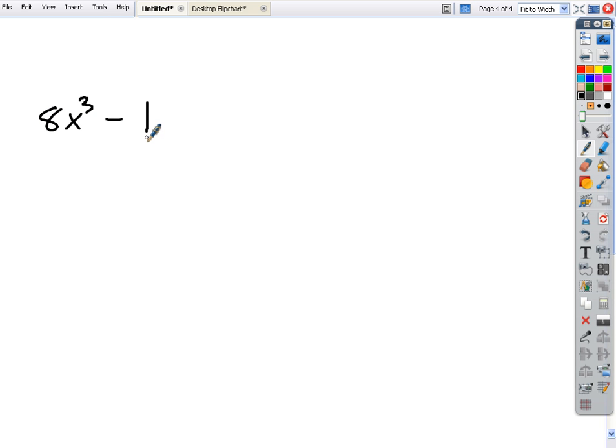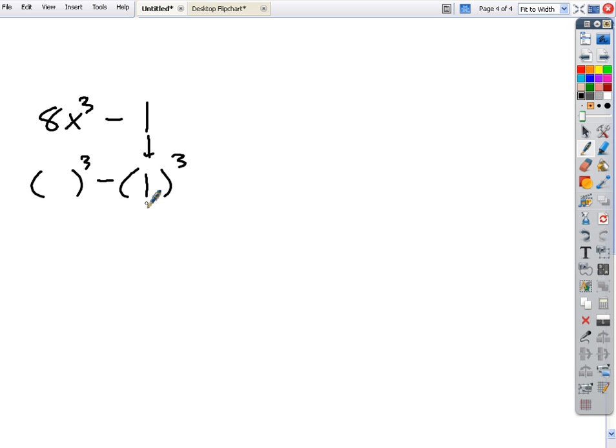The question is, can we write this as a difference of cubes? Can we write it as something cubed minus something cubed? Well, 1 is the same thing as what cubed? 1 cubed.